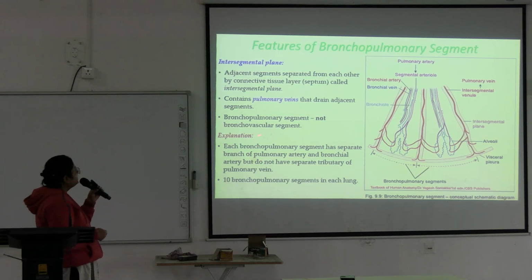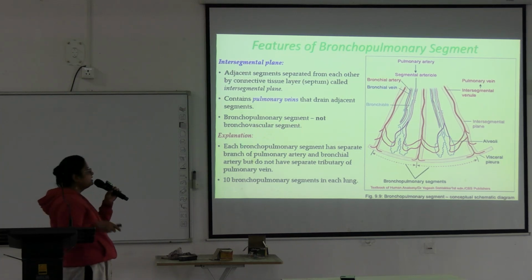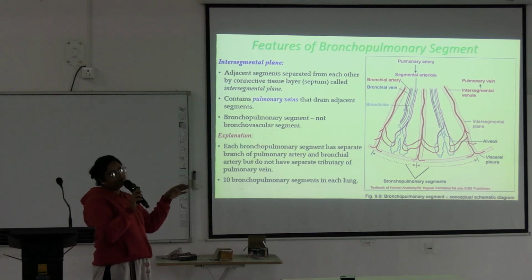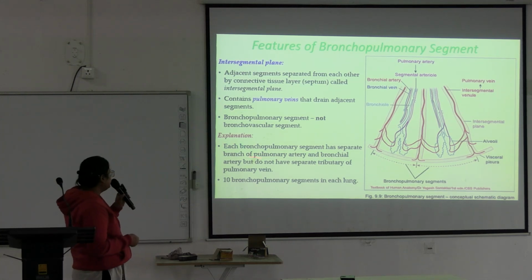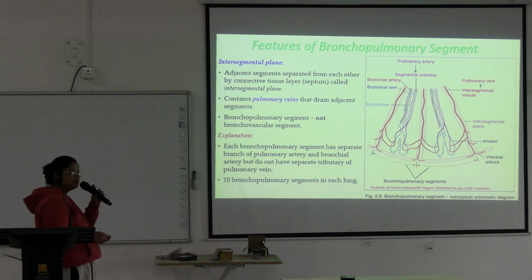That's why the bronchopulmonary segment is not a bronchovascular segment. Bronchovascular means it has its own blood supply, but the vein is common for two adjacent segments. And 10 bronchopulmonary segments are present in each lung.